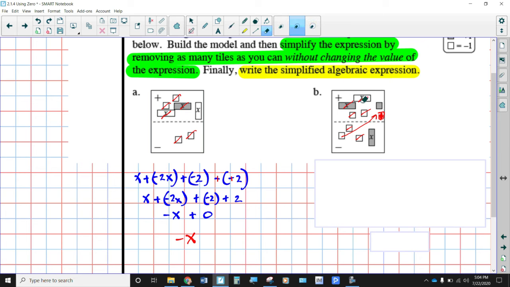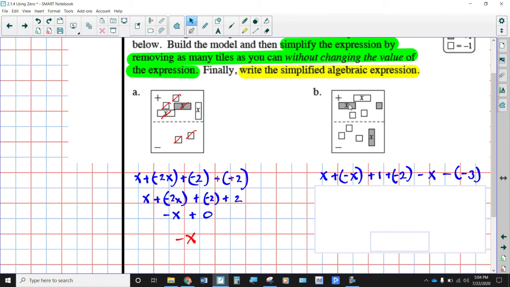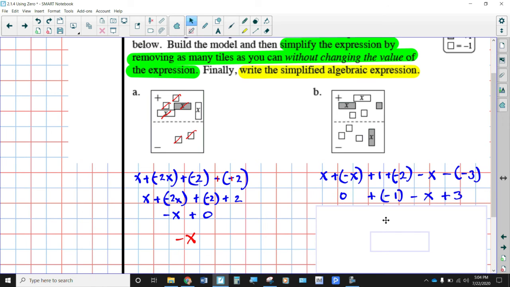Okay, so I'm going to go ahead and uncross these out just so you can see that we started off with the expression x plus negative x plus 1 plus 2 negatives, negative 2. Those are all being added together because they're all in the upper region. And then we're going to take away an x, and we're going to take away negative 3. So after doing a little bit of zero pairs here and a little bit of KFC there, we change this.